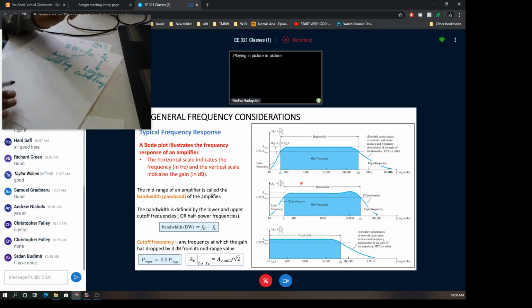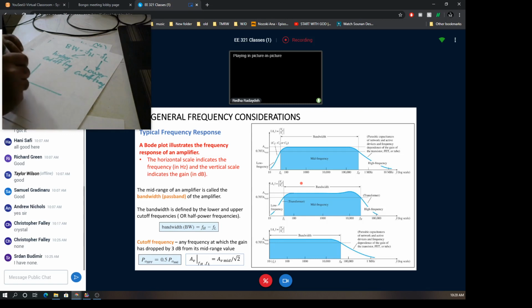Per definition, these cutoff frequencies are defined as the frequencies at which, we'll draw this again for you here just to be clear, this is the maximum gain, which is the gain AV at mid-band, A sub-mid, like this. We define the lower cutoff frequency, FL, to be the frequency at which the gain will be the mid-band gain maximum divided by square root of 2.